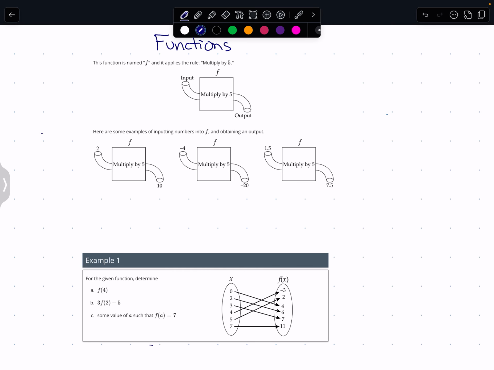How we'd write this in function notation is we write our function. When we input an x value, something happens. What happens? We multiply it by 5. So when I input 2, 2 is my input. It gets multiplied by 5, and it comes out as 10 as my output.